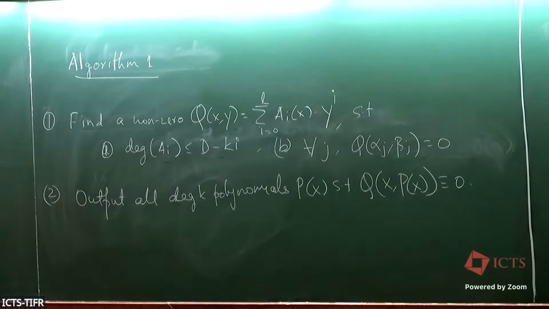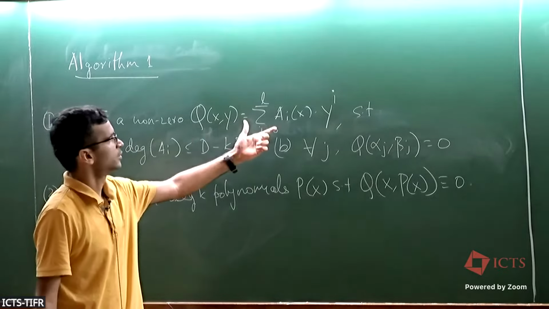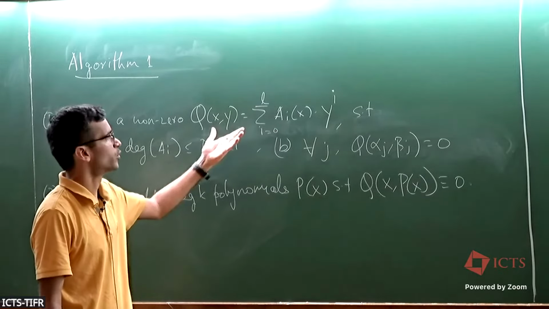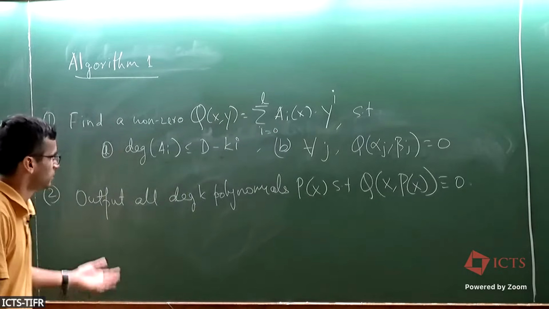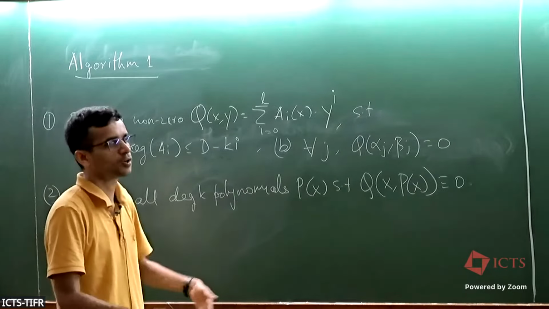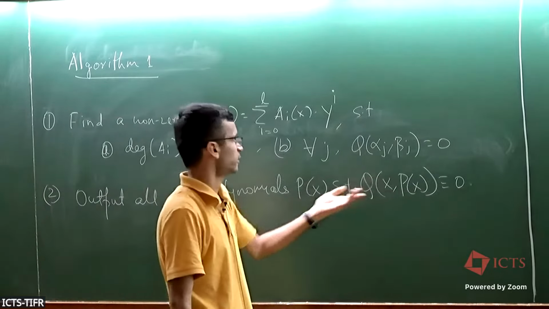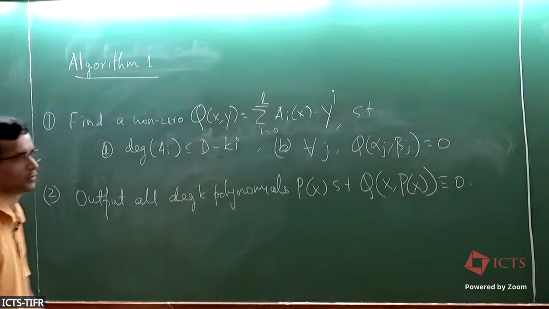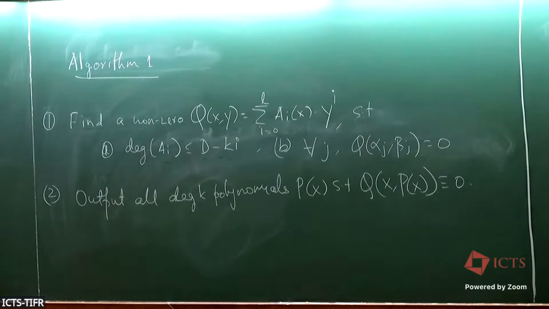So we'll talk a little bit more about how these steps have to be implemented. Is the sketch of the algorithm clear? It's exactly the same algorithm as Berlekamp-Welch, where we are looking at a Q of more general form with higher Y degree, and instead of there being a unique polynomial P of x such that Q of x comma P of x is 0, we'll output all P of x with these properties. Are we good so far?